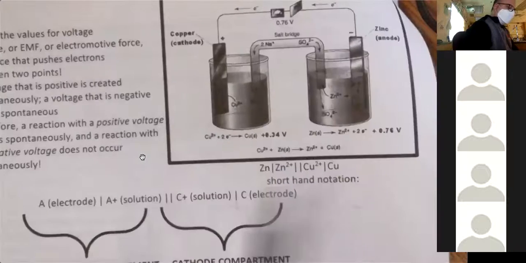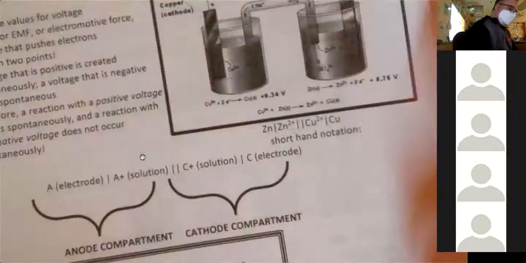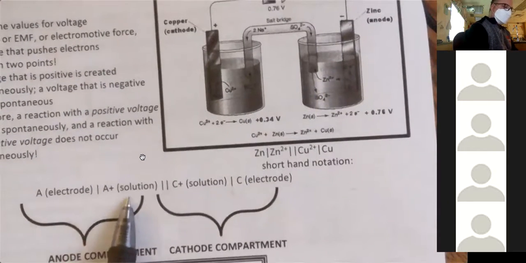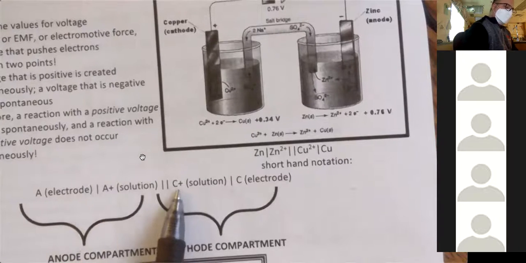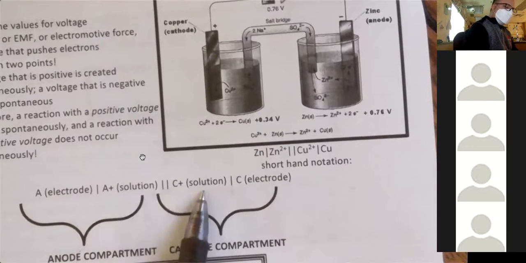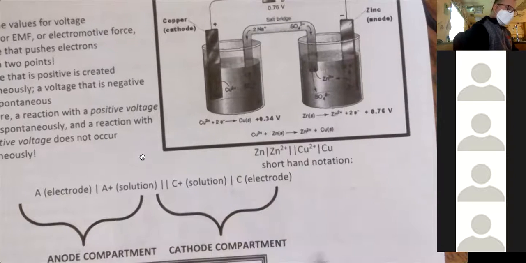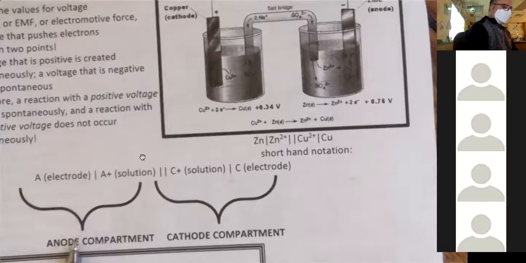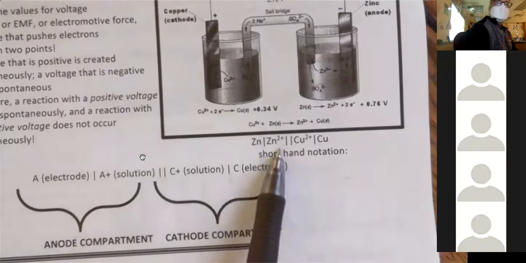And here's one other way that you can write this notation. An electrode plus the cation plus the other electrode. Now, think about it this way. If we take a look, the first one written starts with A. So that is where the anode of the battery is.